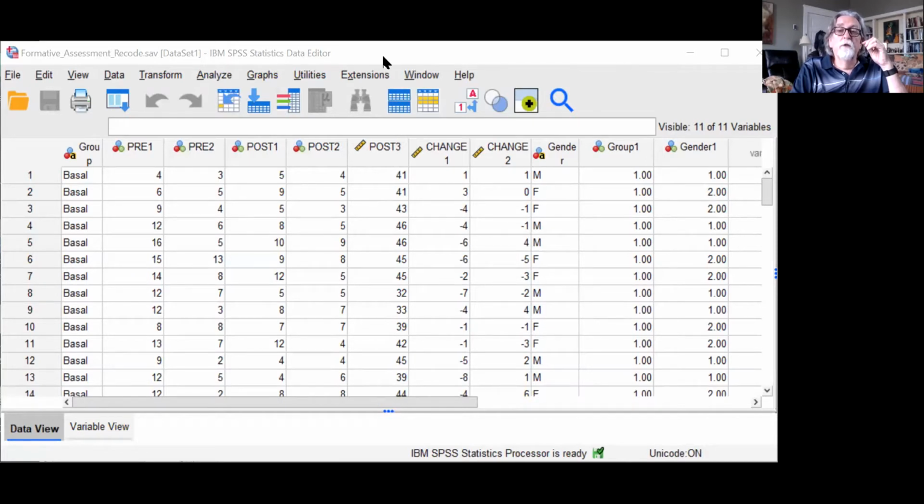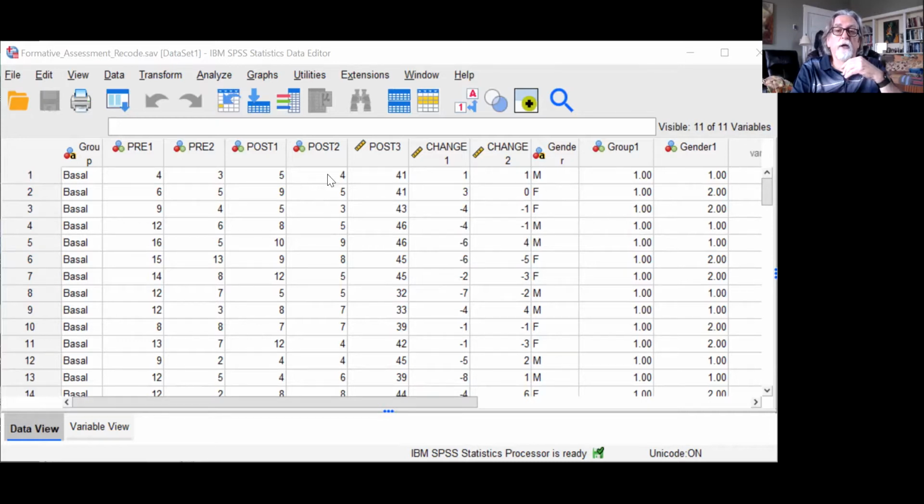If we looked at group with 3 groupings and gender with 2 groupings, male and female, then when you put those together and display them in a matrix, you have 6 groups. In other words, you have 3 groups each comprised of 2 different genders. So we have 6 groups.